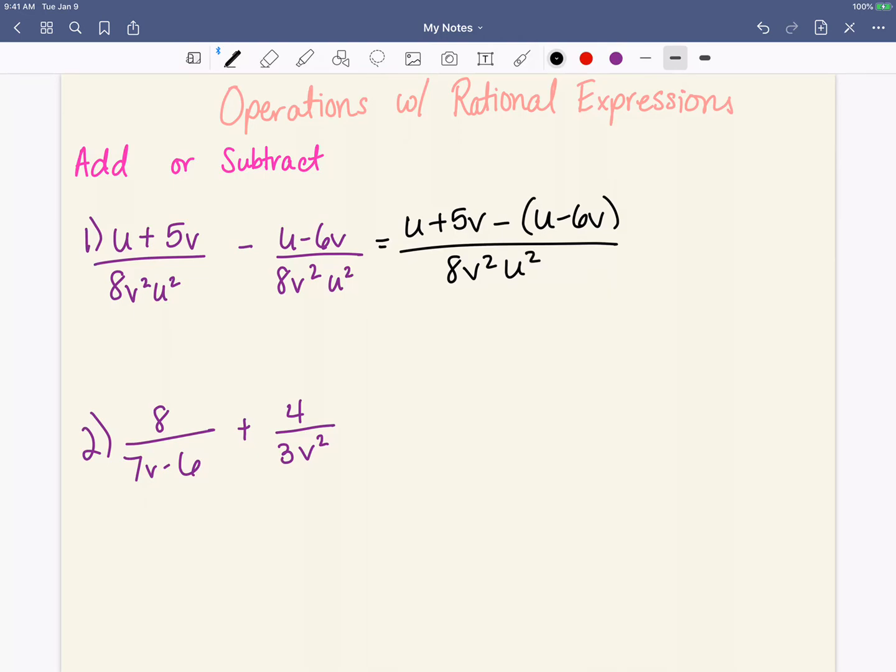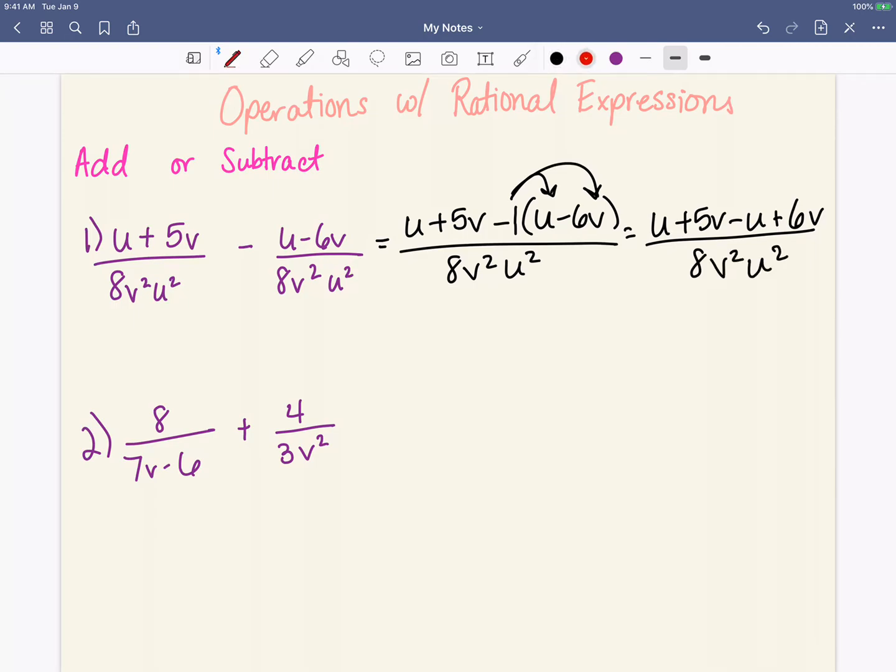Now, I put the parentheses because sometimes it's easy to forget that there's really a 1 here and I need to distribute the negative. So it's really u plus 5v minus u, or actually plus 6v, over 8v squared u squared.